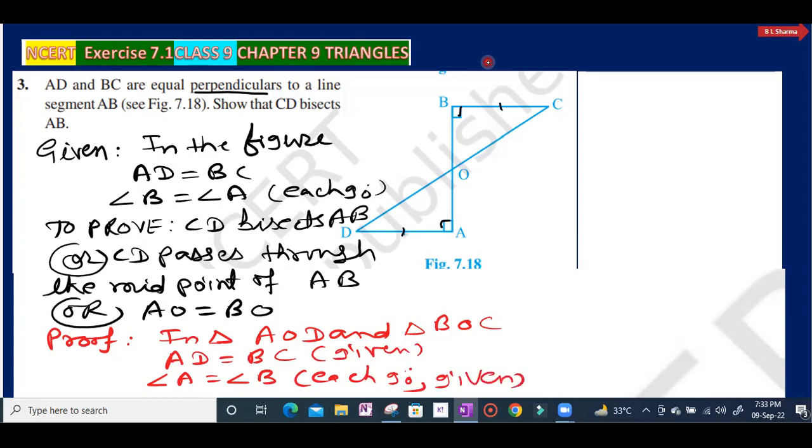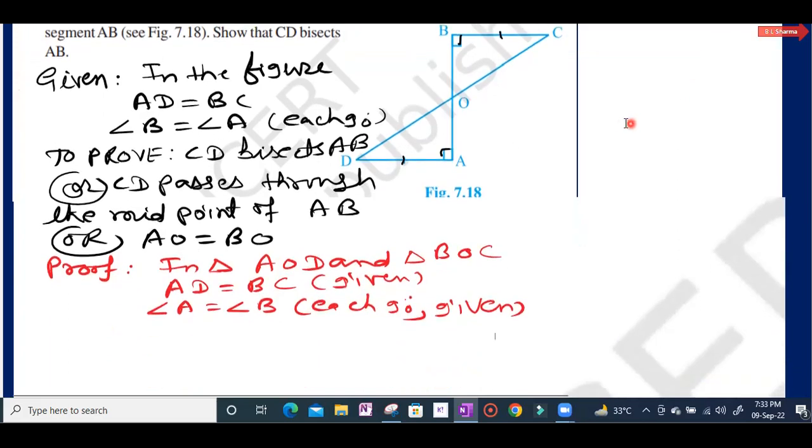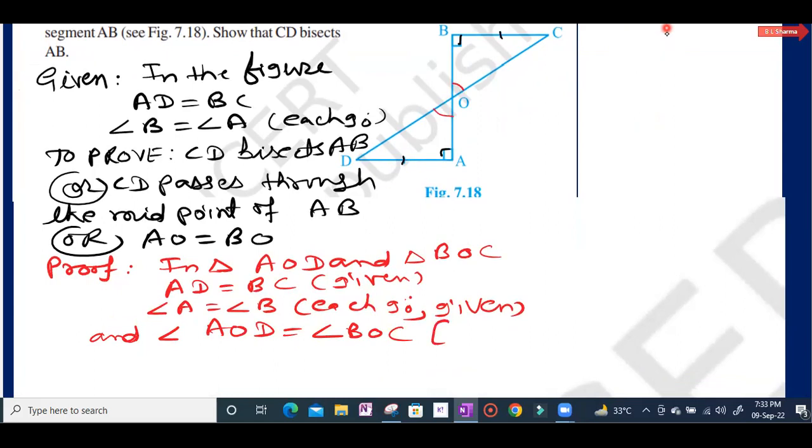And we can go that side. Angle AOD is equal to angle BOC. Can you guess how? This angle AOD is equal to angle BOC. ये reason है इनका.